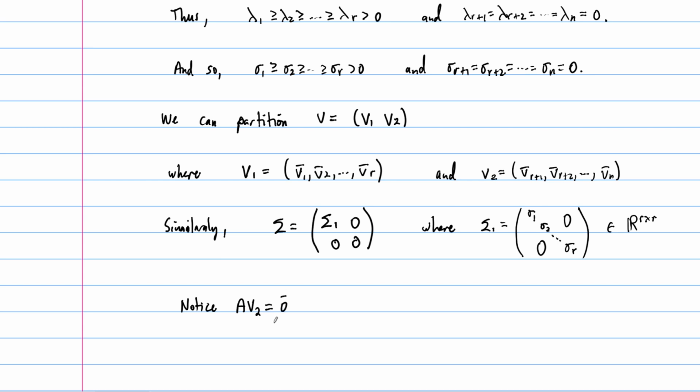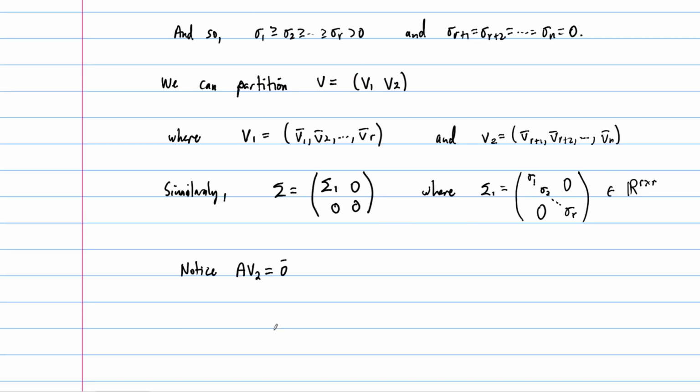And this is because the columns of V2 form an orthonormal basis for the null space N of A transpose A. So A times V2 is the 0 matrix.